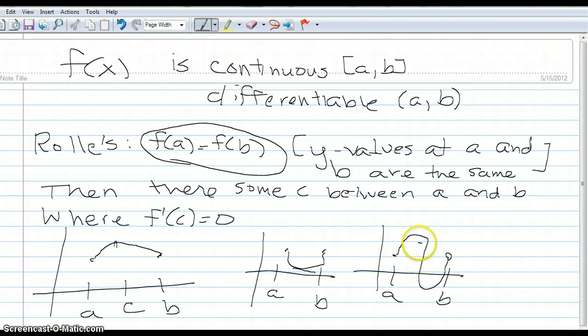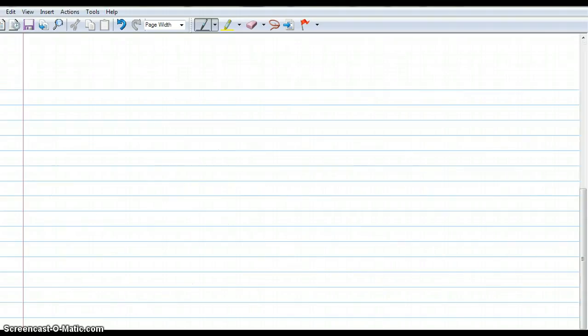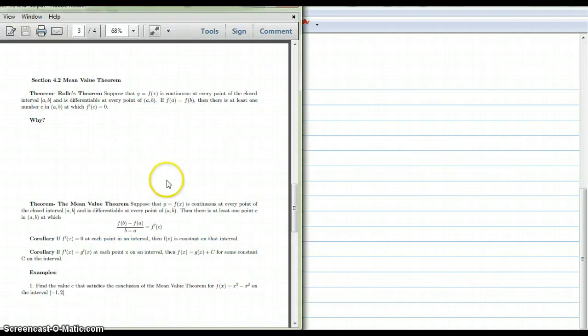It's just saying if those values are equal, we have to have at least one place. And the one other thing that could happen is that it could be constant the whole time, meaning we could just have a straight line. In that case, the derivative along there is always 0. Okay, so that's just the first part of the notes explaining what Rolle's theorem is.